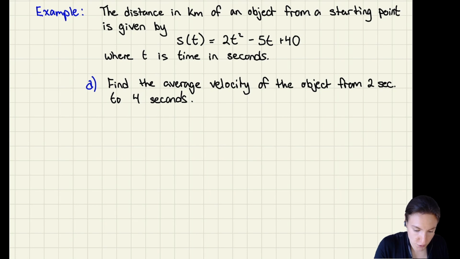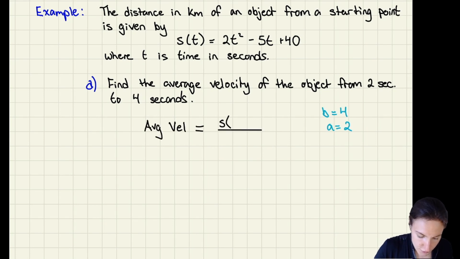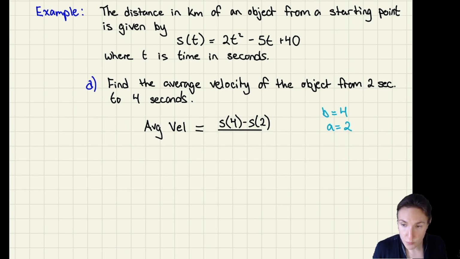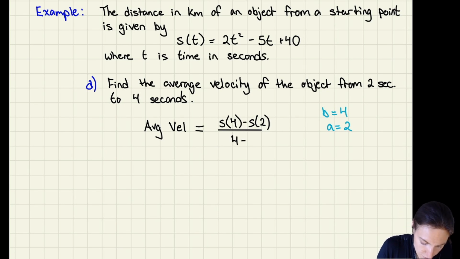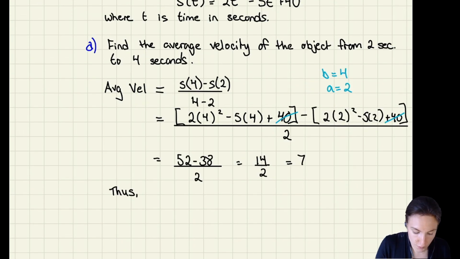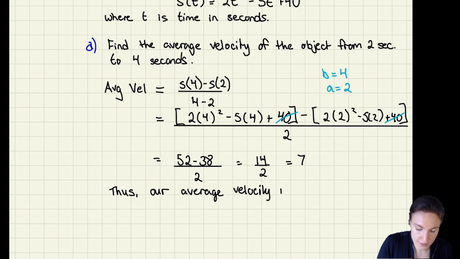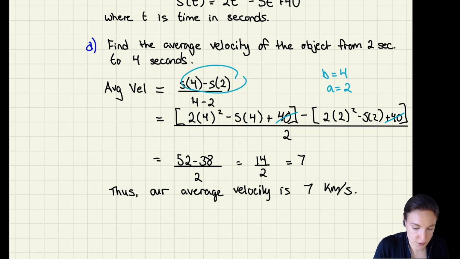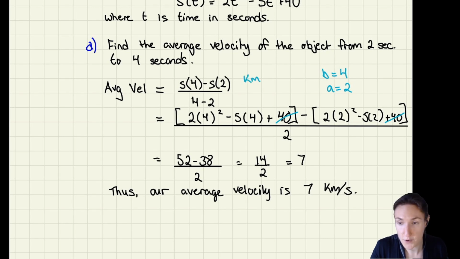All we're going to do is just use our equation. So s of 4 minus s of 2, and then our b and a is just 4 minus 2. Thus our average velocity is 7. You can think about these s's as having dimensions that correspond with kilometers, and the 4 and 2 correspond with dimensions in time or seconds.